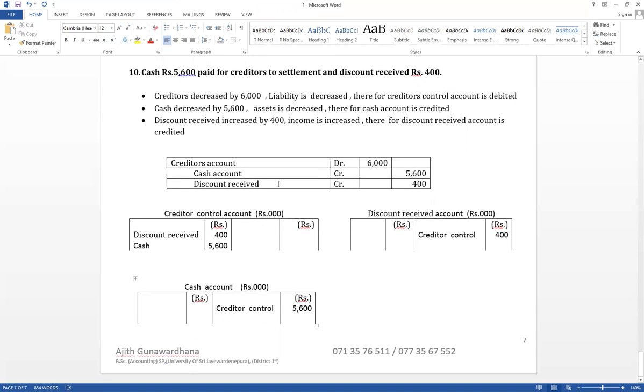Paid in cash 5,600, affects cash decrease, asset decrease, cash account credit, creditors account debit. Think about it: as a result of cash paid and discount received, both values affect creditors decrease, creditors account debit separately. Creditors decrease, and paid in cash, cash decrease, cash account credit, discount received account credit.